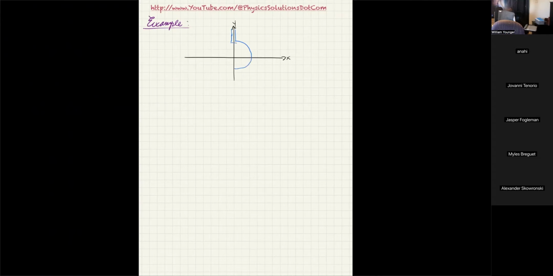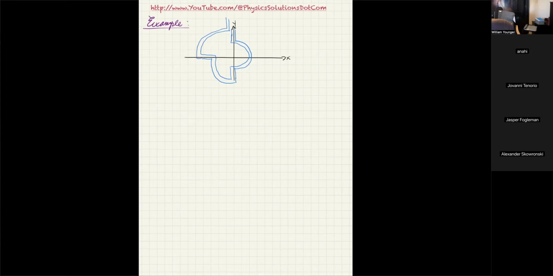So in this case, the arc is a full pi, and then it's going to come out this way, and then it's going to turn again and make a quarter circle, and then it's going to turn out again, and then it's going to make a quarter circle this way, like that.